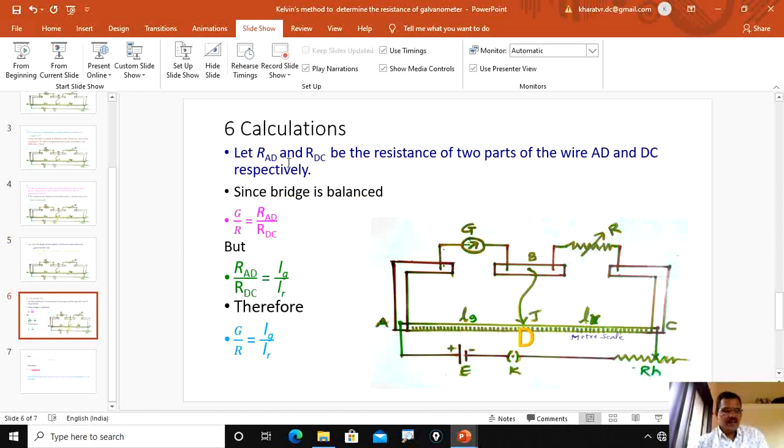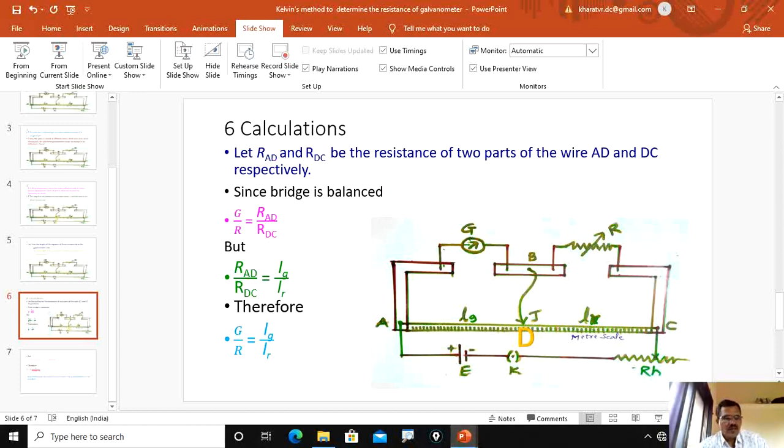Let RAD and RDC be the resistances of the two parts of the wire AD and DC respectively. This RAD is the resistance of this part of the wire and RDC is the resistance of this segment of the wire.